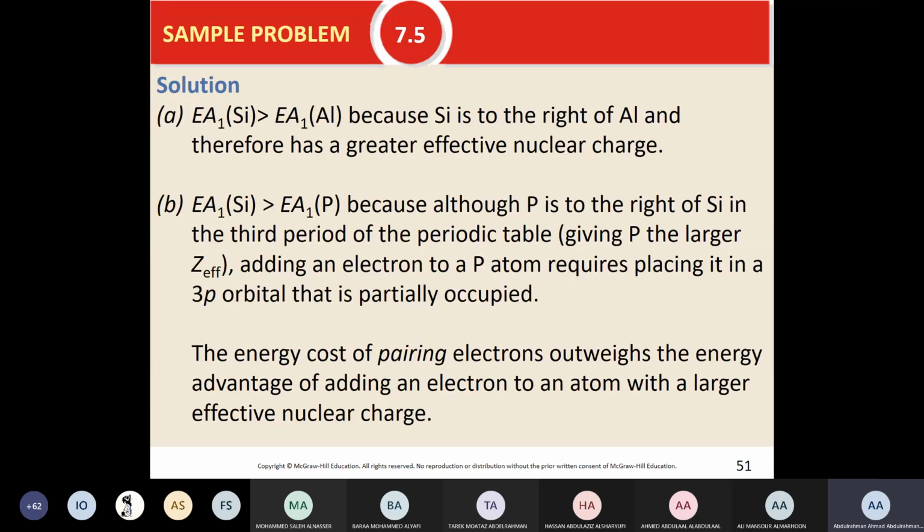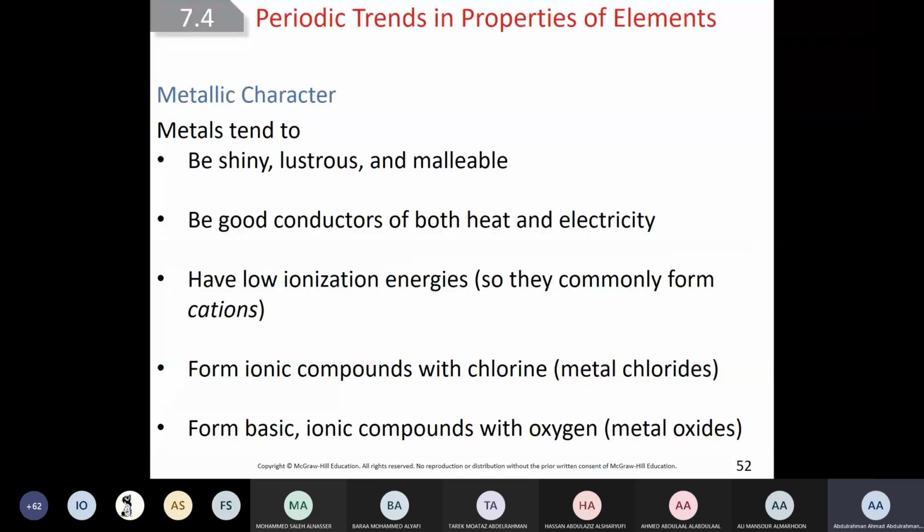So now, metallic character. Look at your periodic table. Where are the metals? On the left of the periodic table.